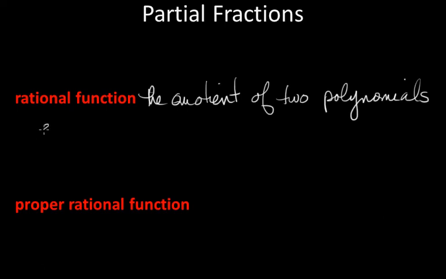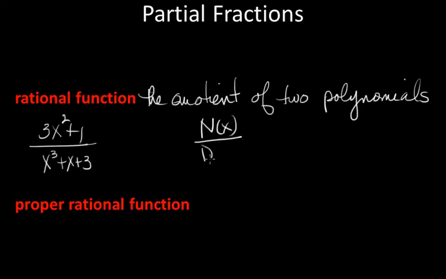For example, 3x squared plus 1 over x cubed plus x plus 3. That's an example of a rational function, the quotient of two polynomials. I'll often refer to them as n of x over d of x, numerator polynomial over denominator polynomial.